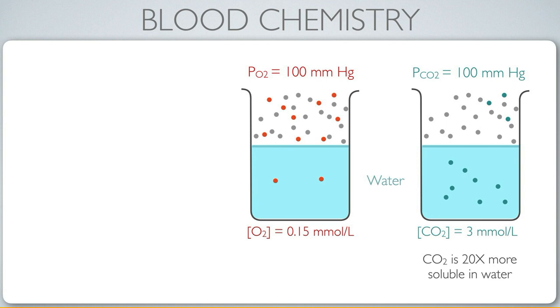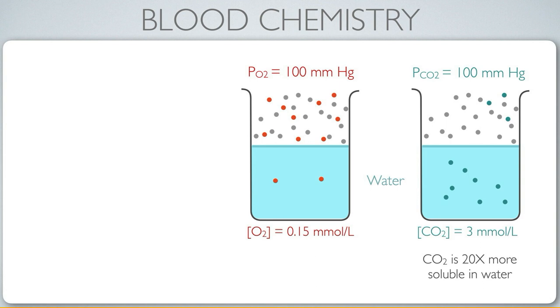Carbon dioxide is 20 times more soluble in water than oxygen is. That's a problem. If the goal is to bring oxygen into the liquid, and we want to get rid of CO2, we can see that water provides a challenge because water is really greedy. It wants to hold on to CO2, and it doesn't really take on much oxygen.